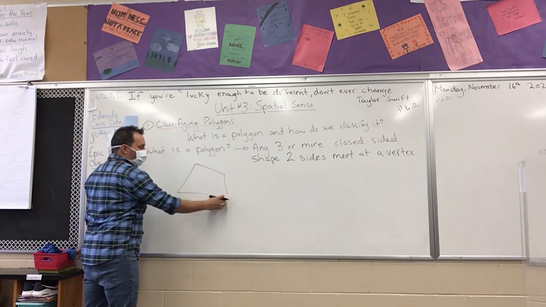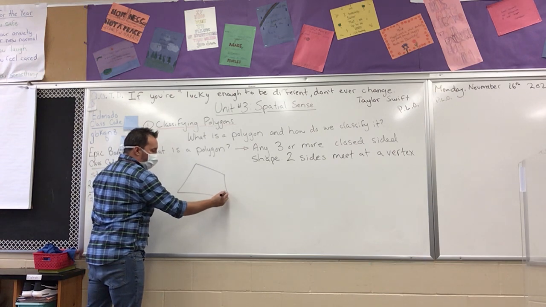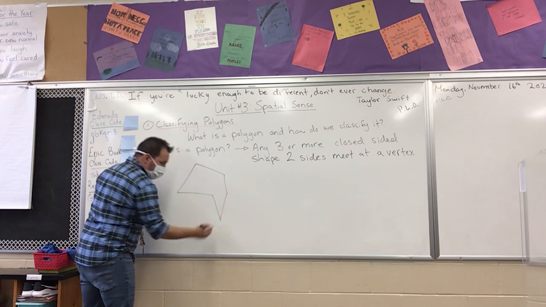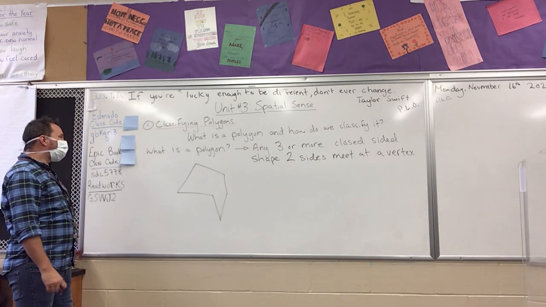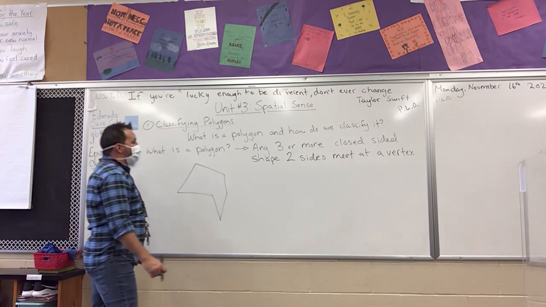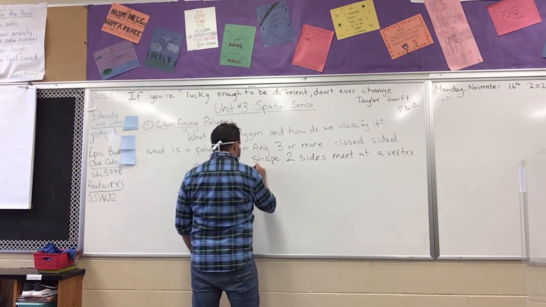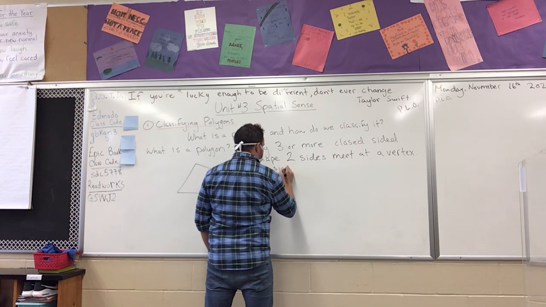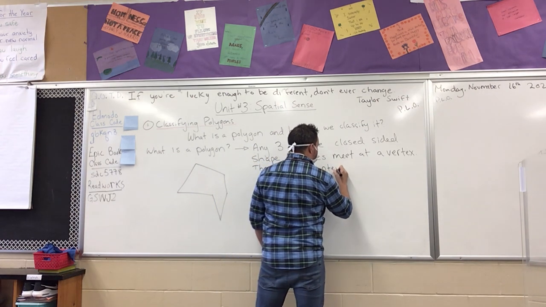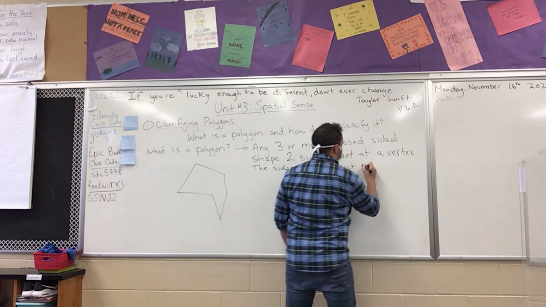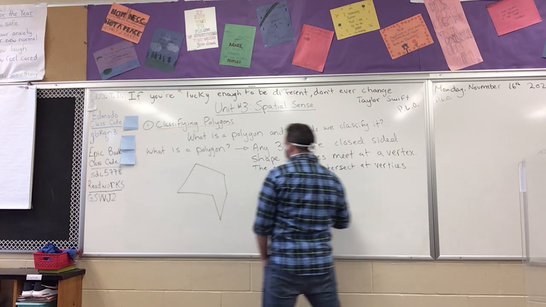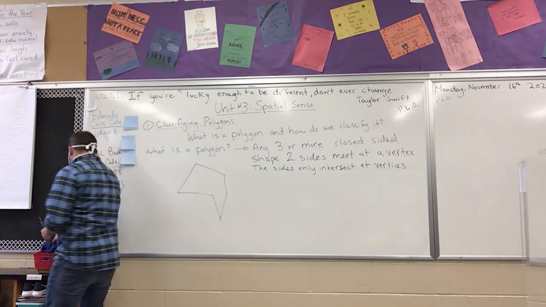Because we've got something open here. You can, however, have them connect like that, right? So you have to have two sides meeting at a vertex. And we also say the sides only intersect at vertices. Okay? So they're not intersecting anywhere else.